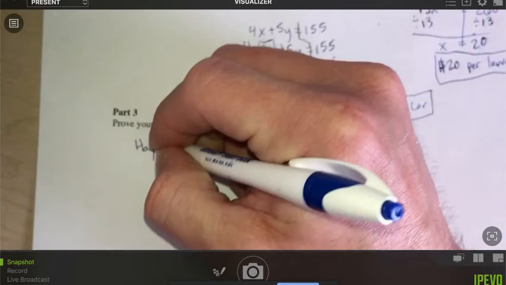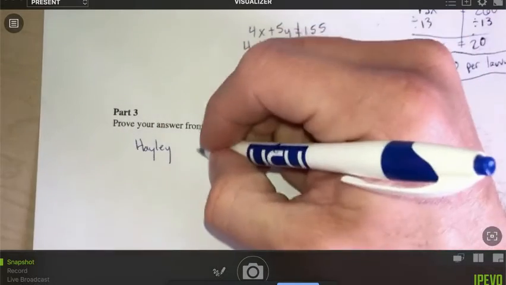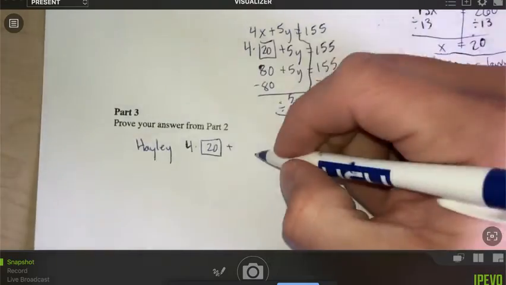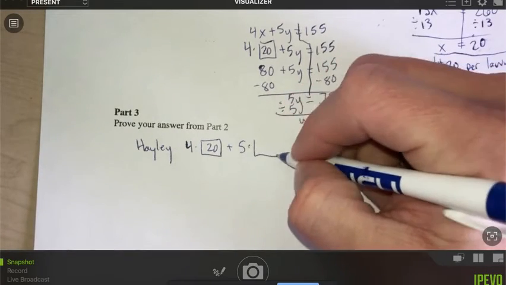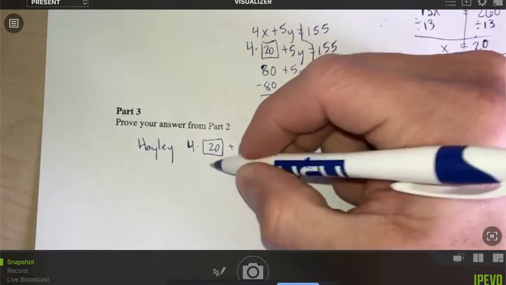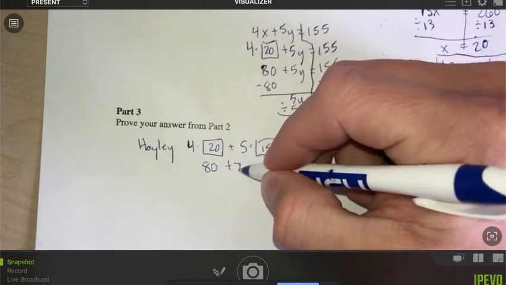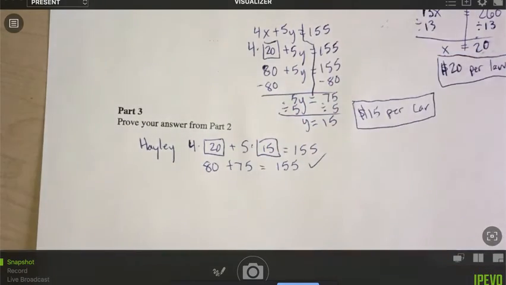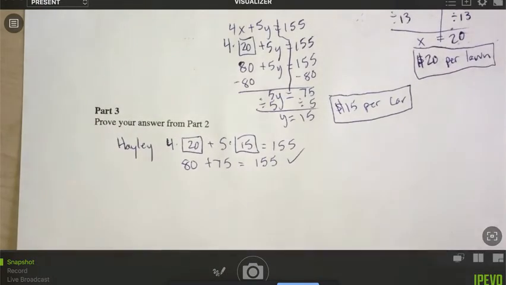So let's take Haley. So 4 lawns at 20 apiece plus 5 cars at 15 apiece should equal 155. So this will be 80 plus 75. That does in fact equal 155. So those two values must be the case for Haley.